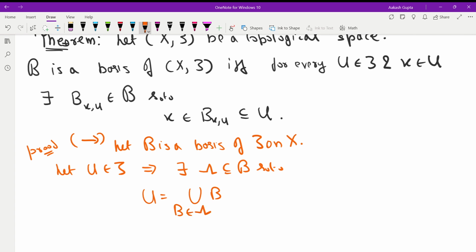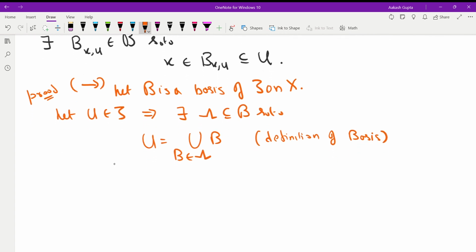Very nice. I hope this is clear. This is just by the definition of basis. Now for any x in U, this implies x belongs to this union, right?